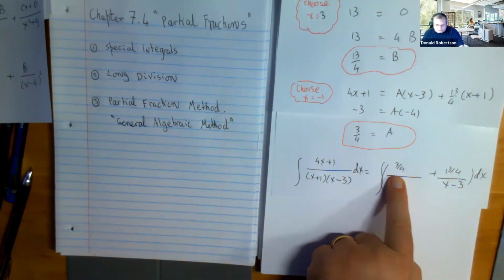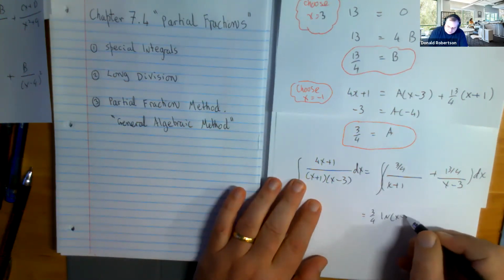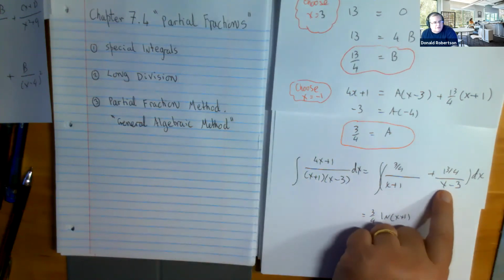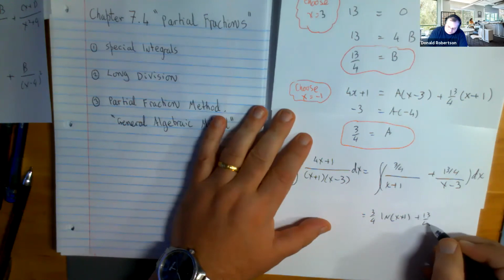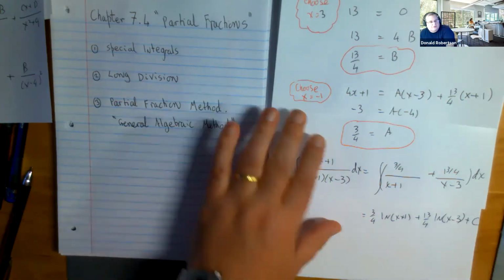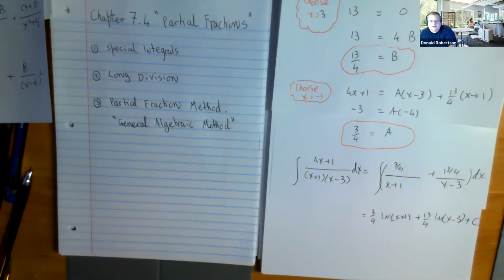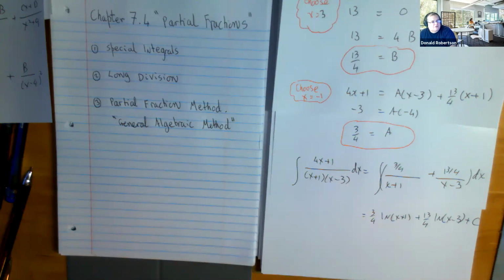And so 3 quarters, the natural log of x plus 1. And isn't this going to get you the natural log of x minus 3? So you have 13 quarters, the natural log of x minus 3, and then add a c, and you are done. So what we've now got is a process that allows us to find the integrals of weird fractions. Kinda cool?